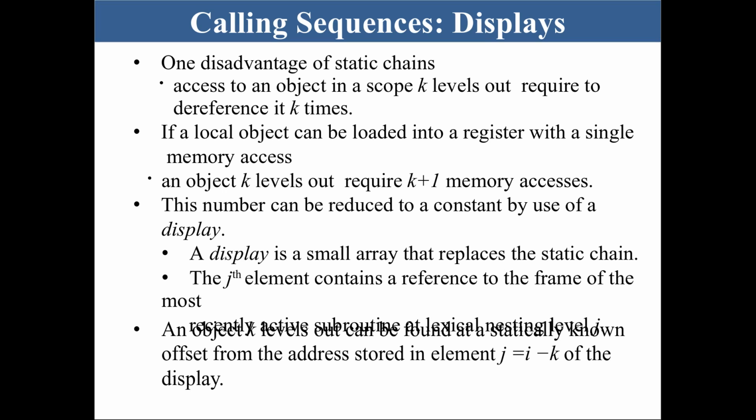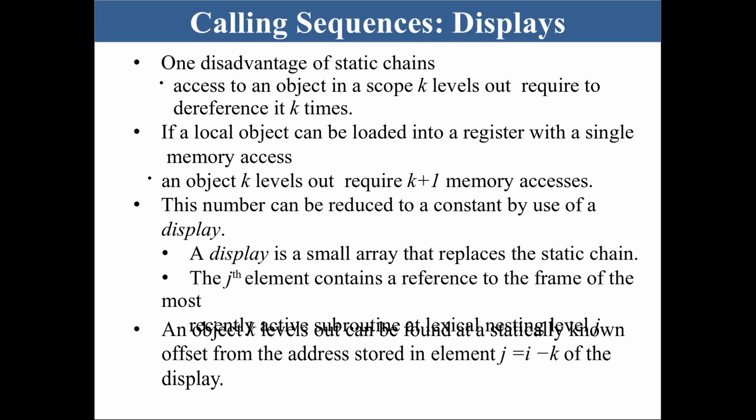So, this number can be reduced to a constant by using a display. A display is a small array that replaces the static chain. In a display, it's an array, so the jth element of the display contains a reference to the frame of the most recently active subroutine at lexical nesting level j.